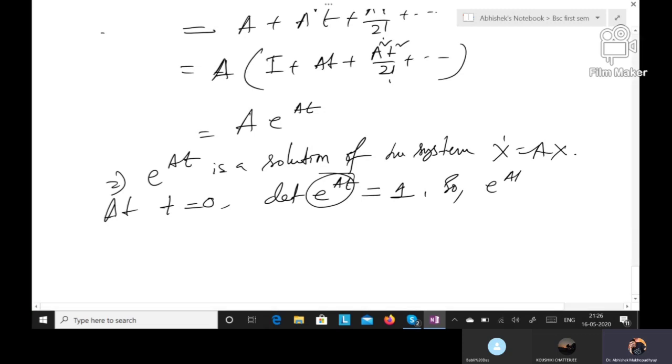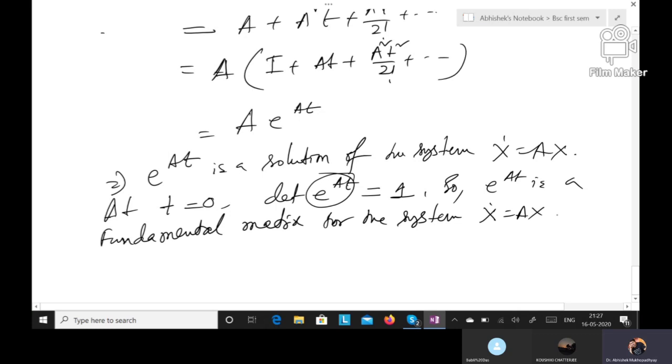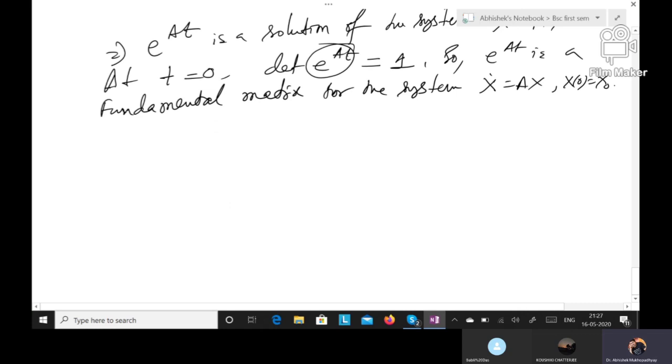So e to the power AT is a fundamental matrix for the system X dot equal to AX with X at 0 equal to X naught. Now since X at 0 equal to X naught is the initial condition, we must get that X equal to e to the power AT X naught is a solution of the IVP.